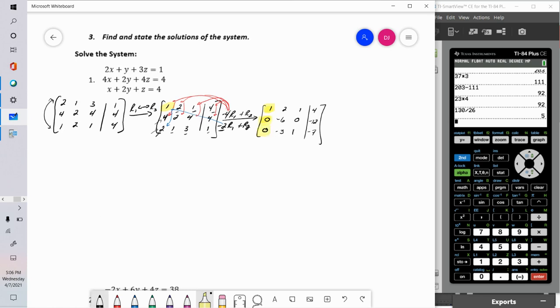So now I'm going to move on. Whoops, I want to make that longer. Now I want to move on to the next column.